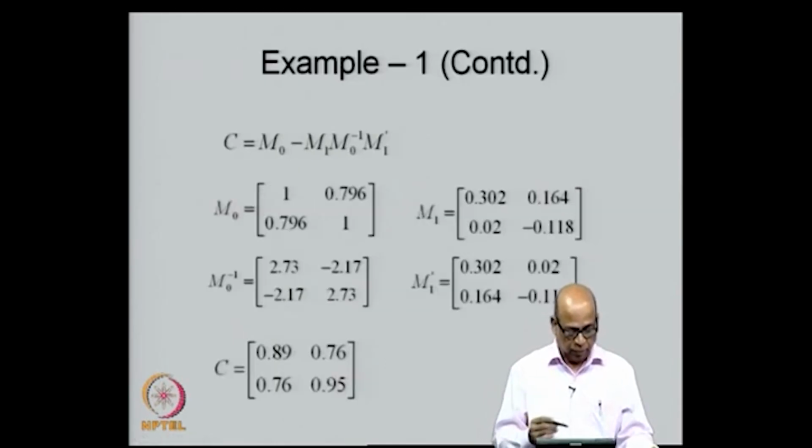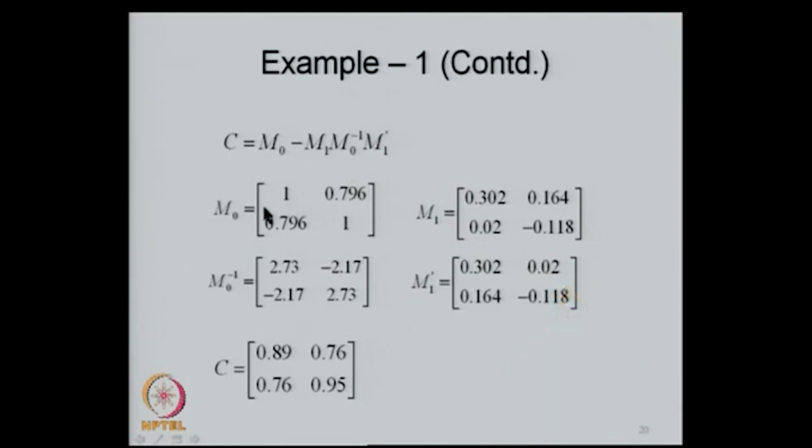Then we go to B. We know that to determine B, you need the matrix C. You know that C is equal to M naught minus M 1 M naught inverse M 1 prime. So, M 1 is given here, M 1 prime will be this, and M naught is given, therefore, you can get M naught inverse here.